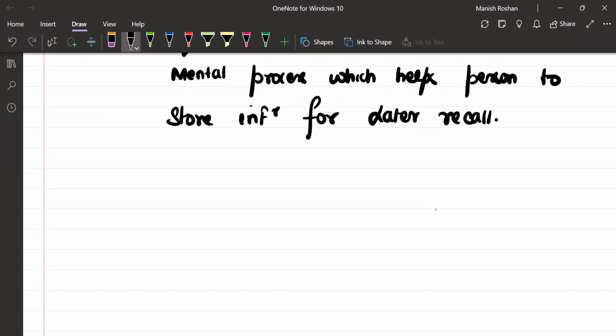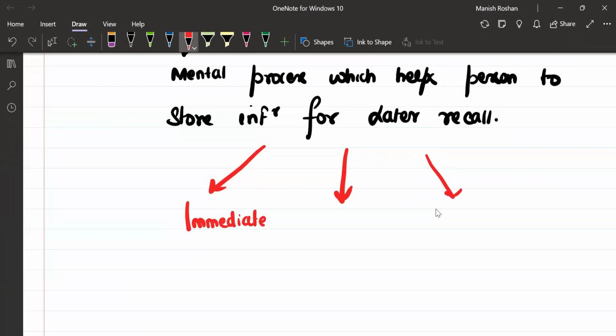It involves 3 components: immediate, recent, and remote.